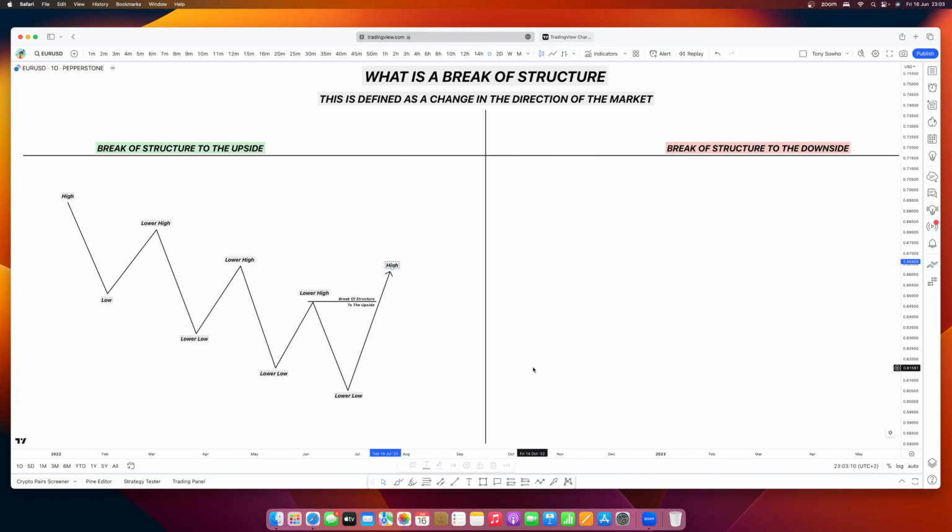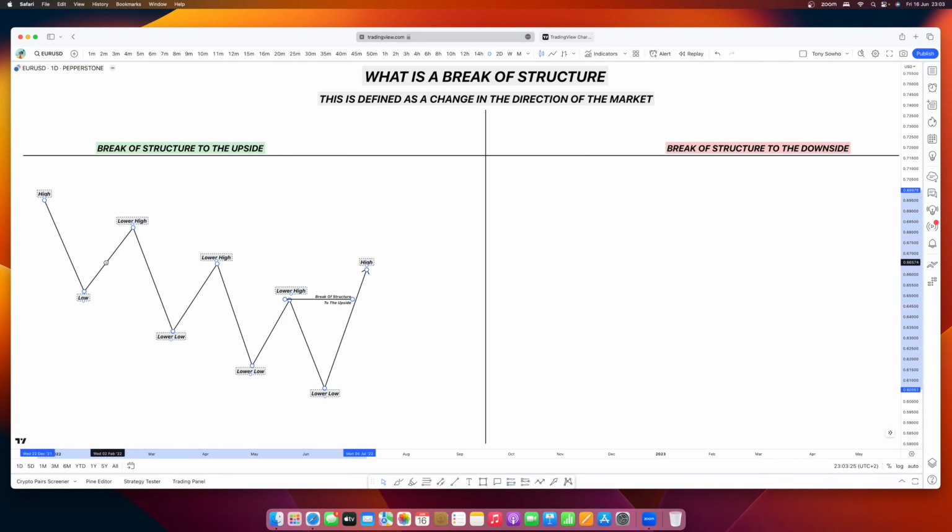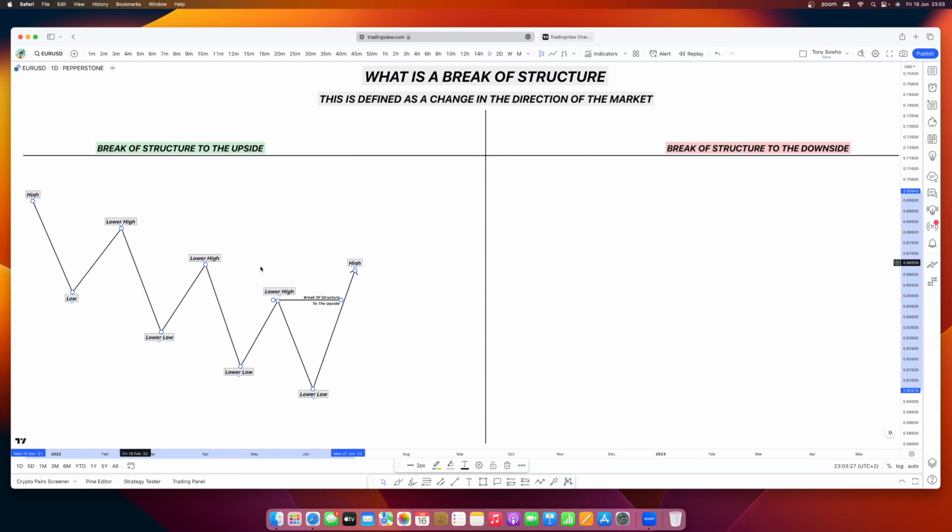Exactly. So now this is going to be the start of a bullish trend. Price has broken structure to the upside. Let me do something like this quickly. Okay, so now what we can be anticipating is that, let me just do normal.